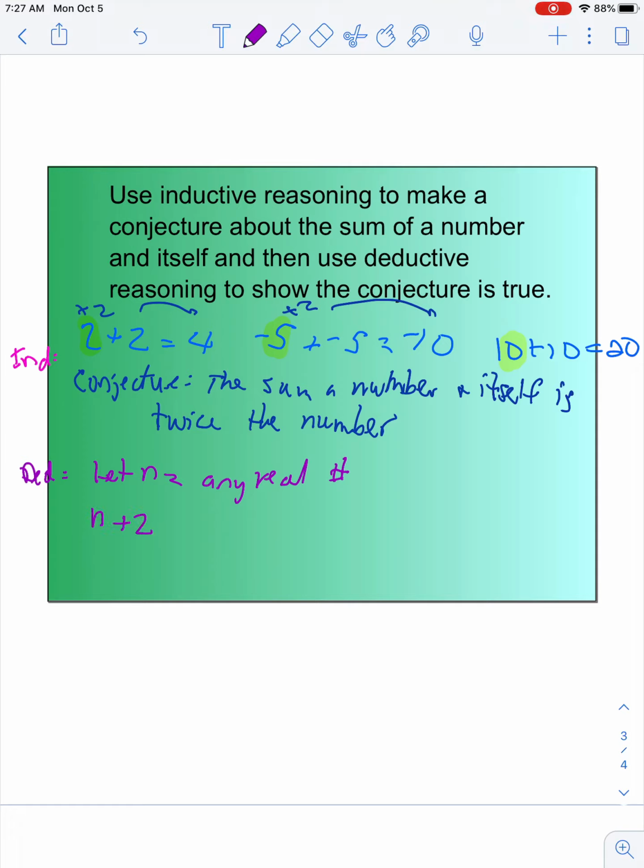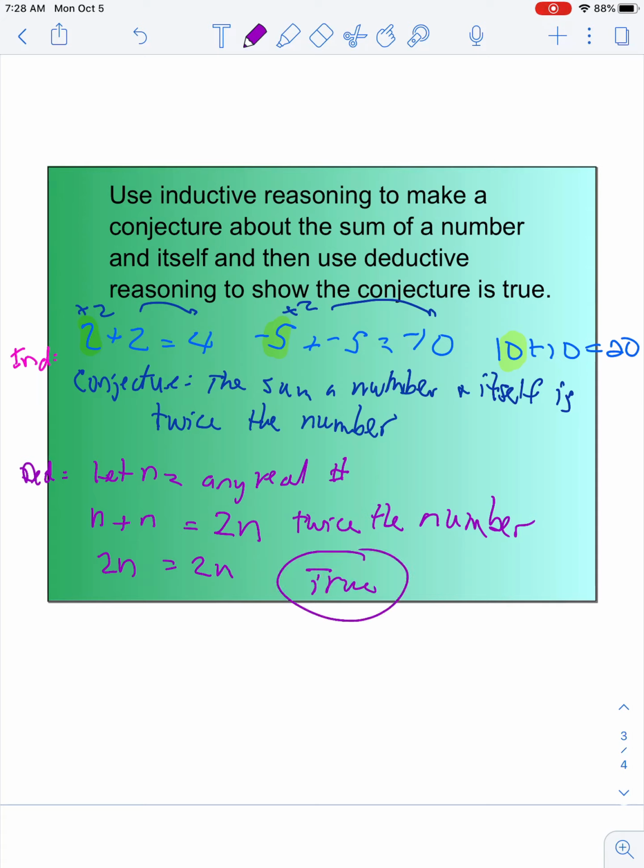Then we would have n plus n, so the number plus itself is equal to twice the number, so 2n. And that's how you write twice the number. And that's 2n. Well, again, using our properties of algebra, n plus n is 2n, so we get 2n equals 2n, and so it is true. We have proven it using deductive reasoning.